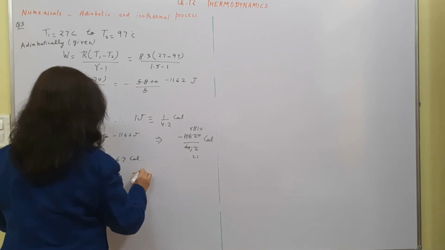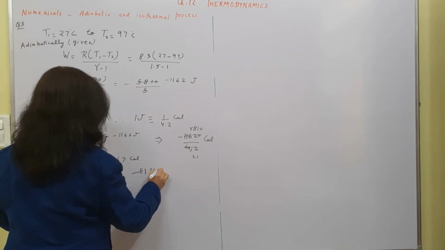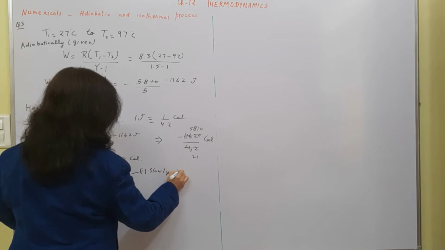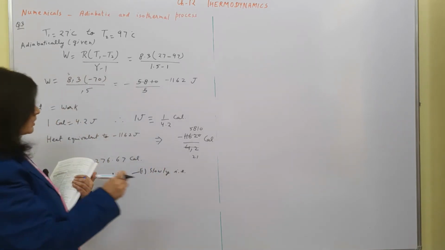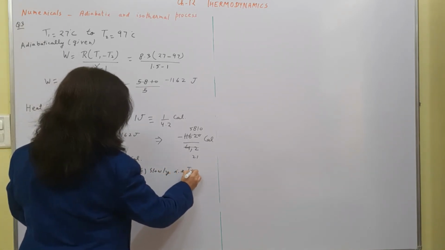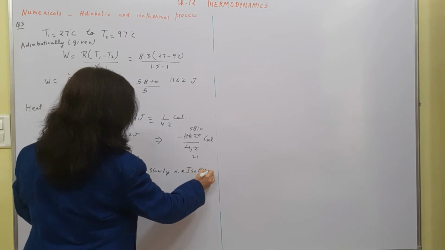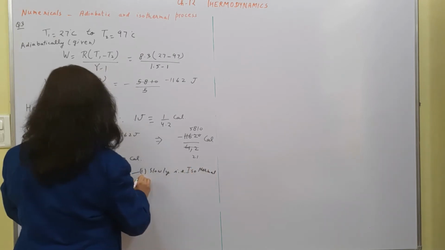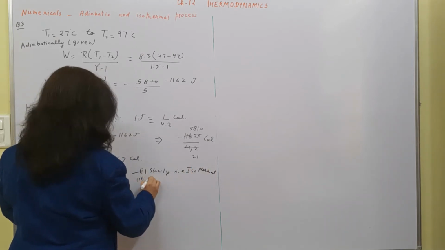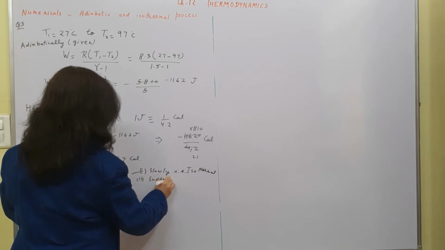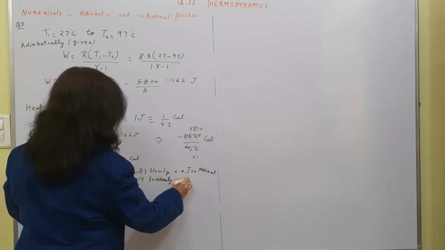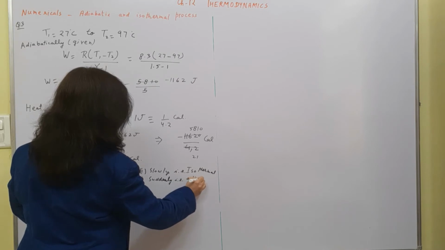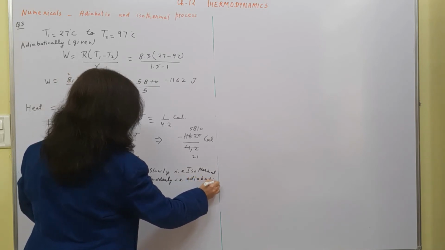So slowly means isothermal; you must know this, it is not mentioned in the question. And second is suddenly, that is adiabatic, you must know this.